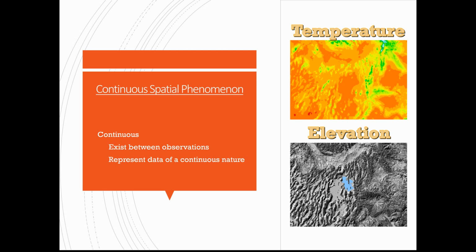Instead, the temperature reading must be put in the context of the surrounding area as part of the larger surface of temperature readings. Temperature should be considered as part of a larger continuous spatial phenomena. Elevation is another example of a continuous spatial phenomena. An elevation reading is only a single point as part of a larger surface.